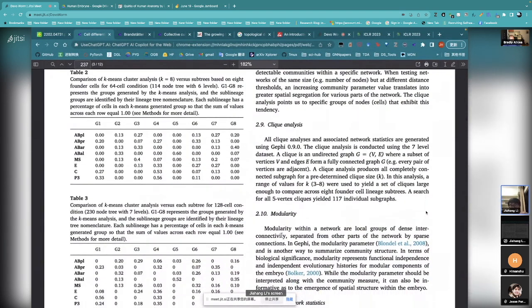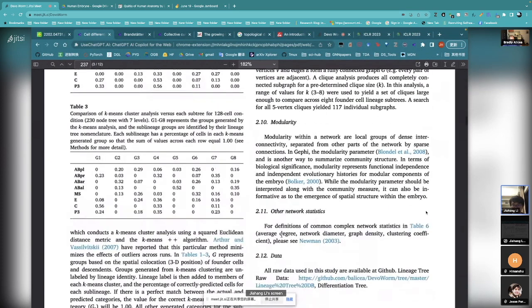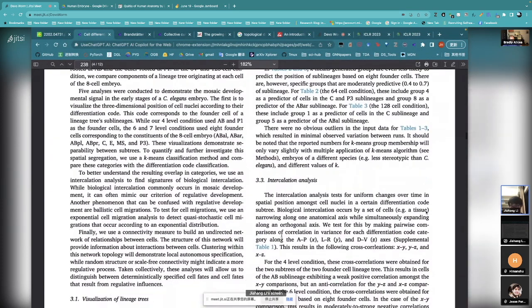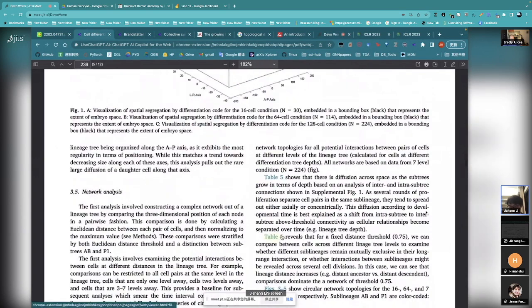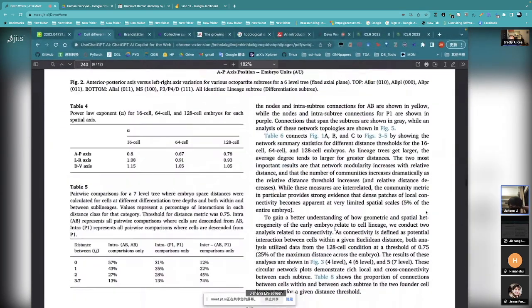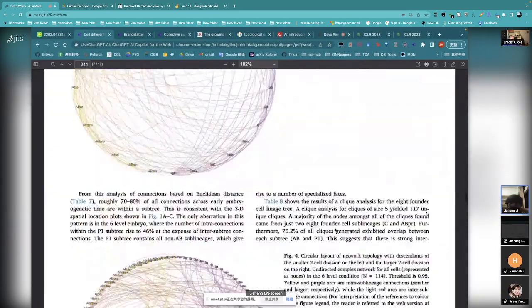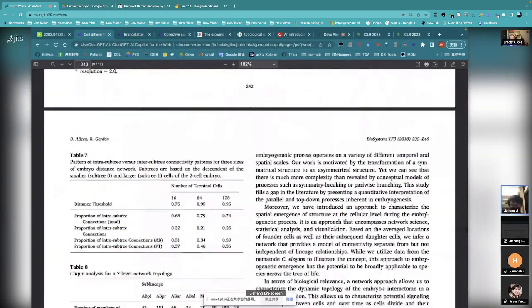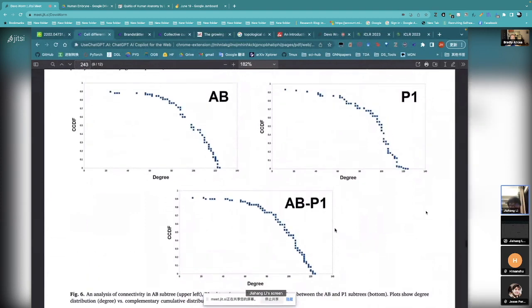These techniques analyze the network structure, and there are a lot of results, and I am not able to cover them today because I don't want to take up too much time. But all these results convey some interesting conclusions.